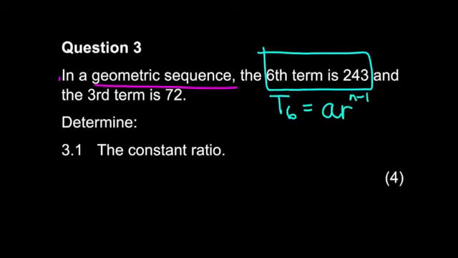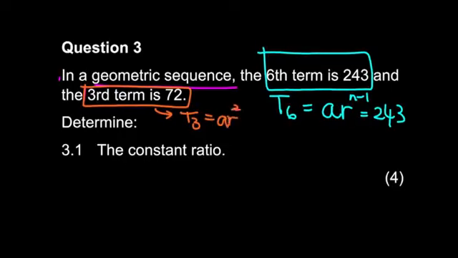And T6 is equal to 243. The third term is 72. So again, the model for this is T3 is AR squared is 72. So we've been able to give maths to the language. Not that maths is not a language, but we've been able to give it some formulae.